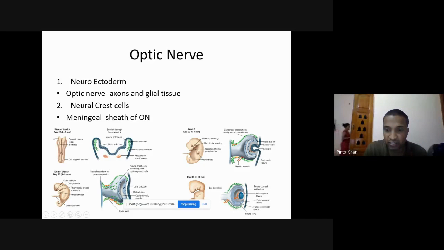This blue structure is a surface ectoderm that will get disconnected from the rest of the part to form the lens vesicle. This blue part is an optic vesicle that invaginates, and this green structure is nothing but neural crest cells.